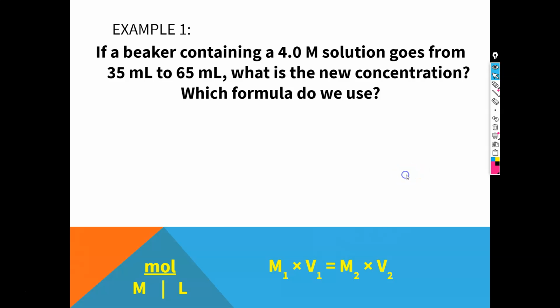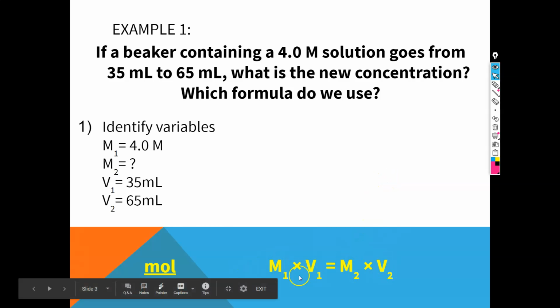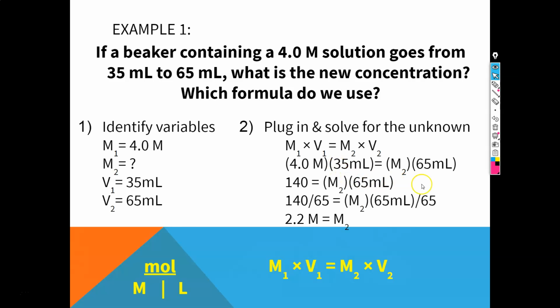Let's take a look at what our variables are that will help us determine which formula to use. In this problem, I'm given an original molarity. I don't know the new molarity. I'm given an original volume, and I'm given a new volume, which means that I should be using my dilution equation.